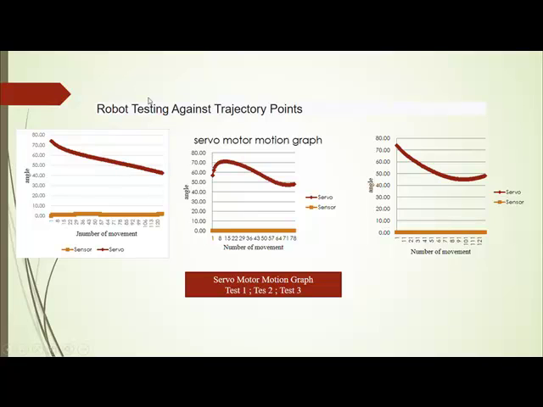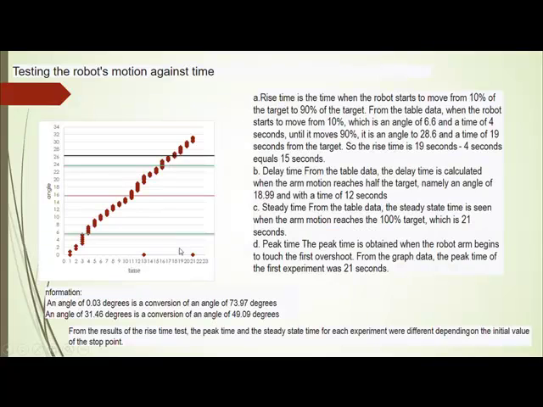Robot testing the trajectory points looks like this. Yellow is the sensor and red is the servo motor motion. Then we test the robot motion here.